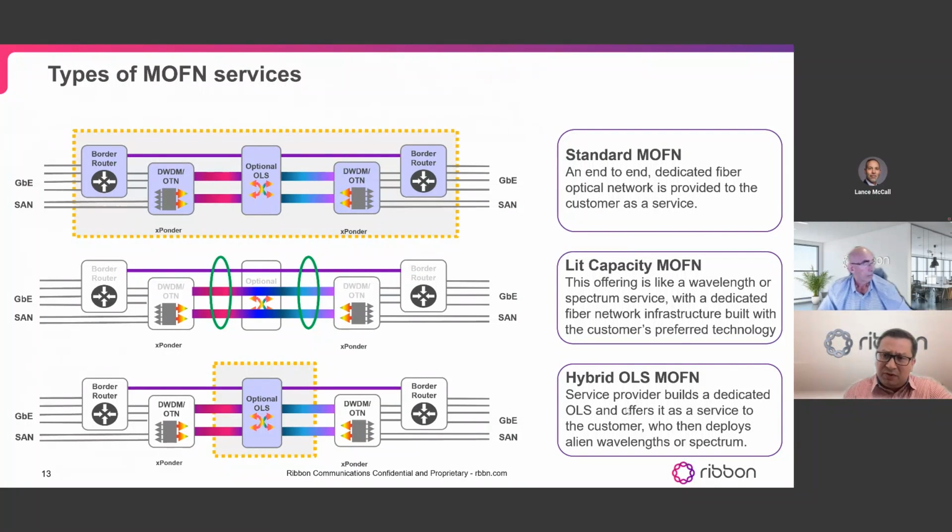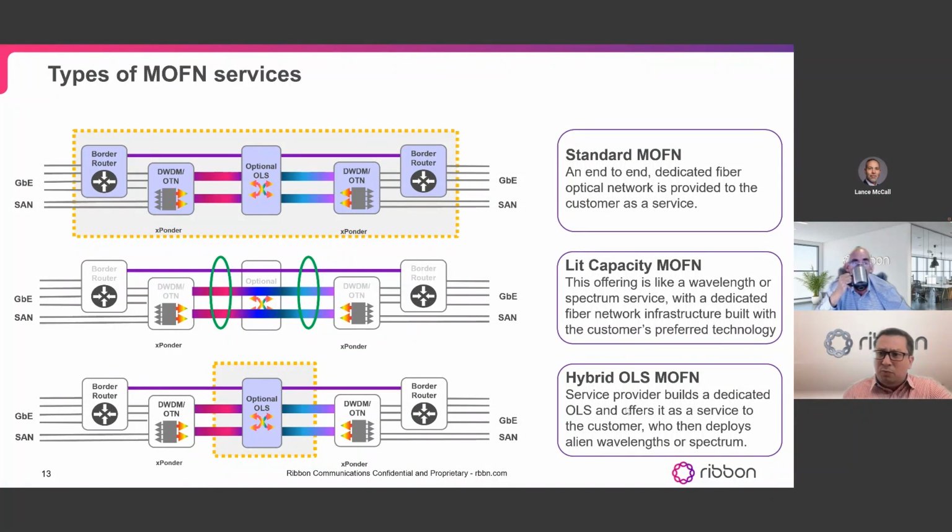So flexibility of the technologies that you would need to deliver these optical services end to end, and being able to provide that management services and dedicated fiber infrastructure. So that's a standard type of MOFN. Other types may vary depending on need and depending on leverage of management capabilities, as well as infrastructure capabilities, as well as the sharing of that infrastructure that's needed.